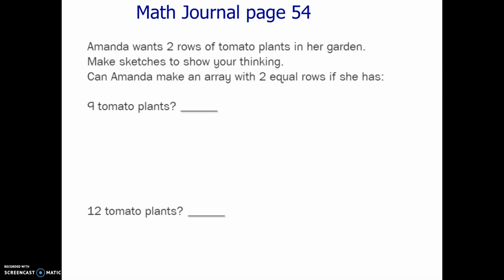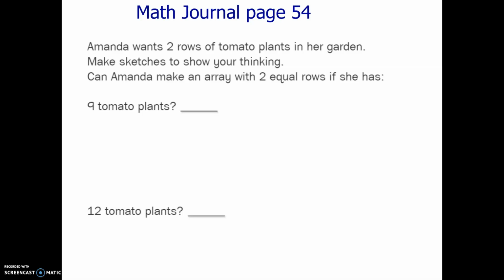So here's what you need to do. Let me read these problems to you, and then I'm going to give you some time to answer them, and then we'll come back and talk. Amanda wants 2 rows of tomato plants in her garden. Make sketches to show your thinking. Can Amanda make an array with 2 equal rows if she has 9 tomato plants?